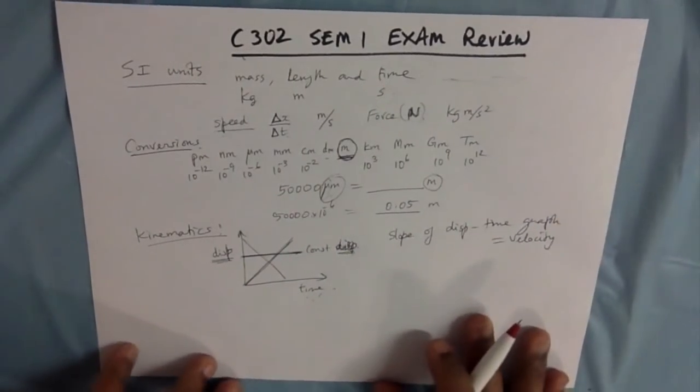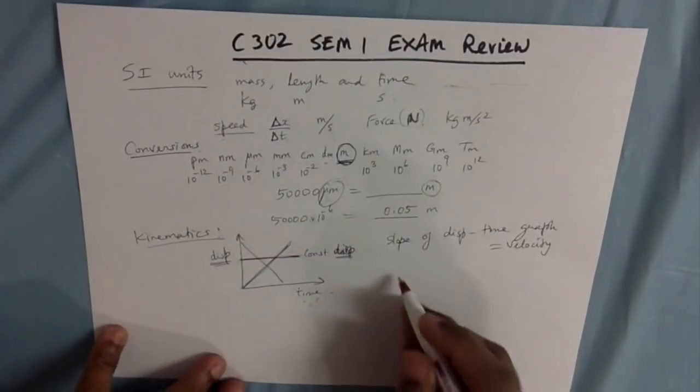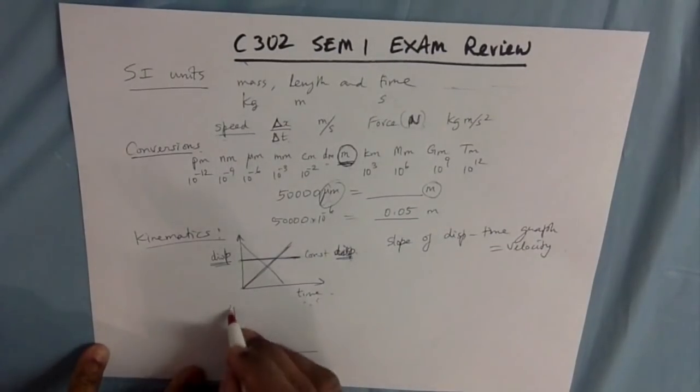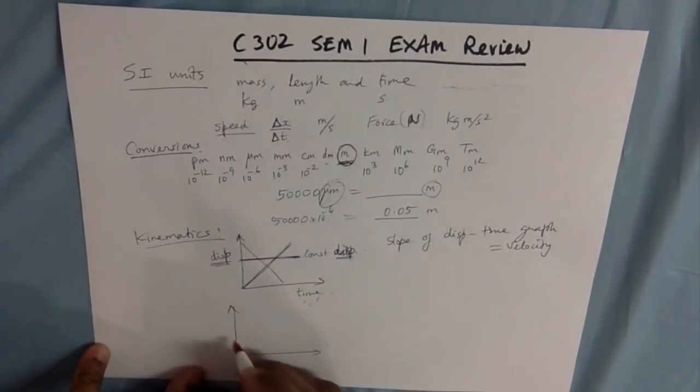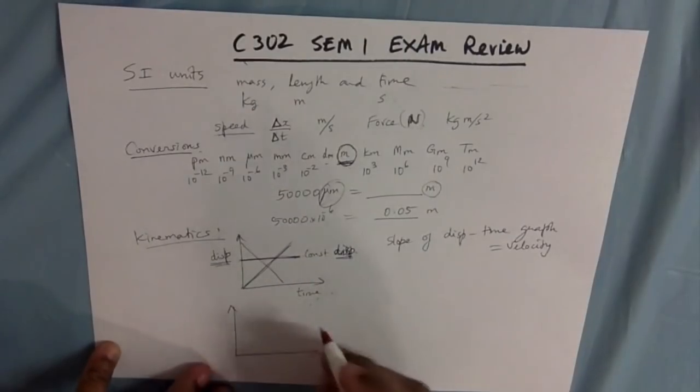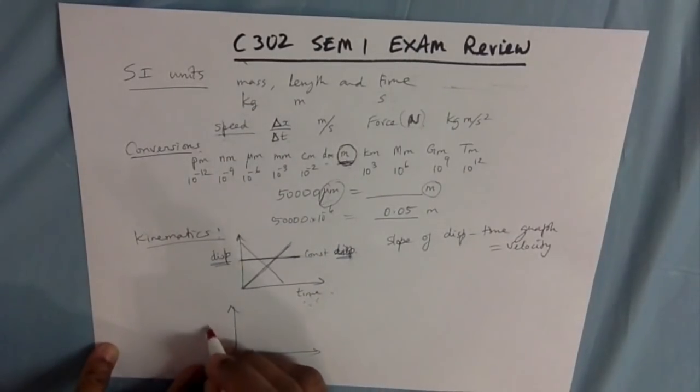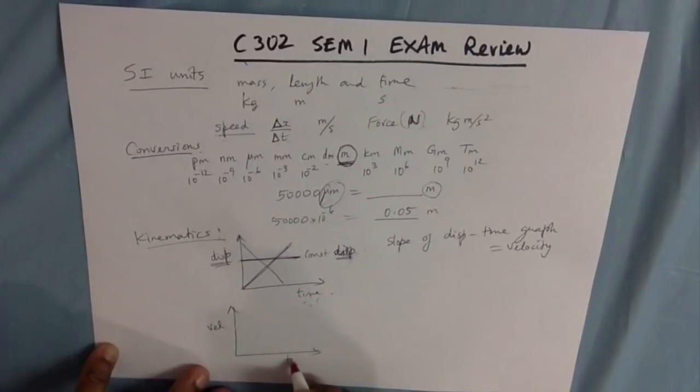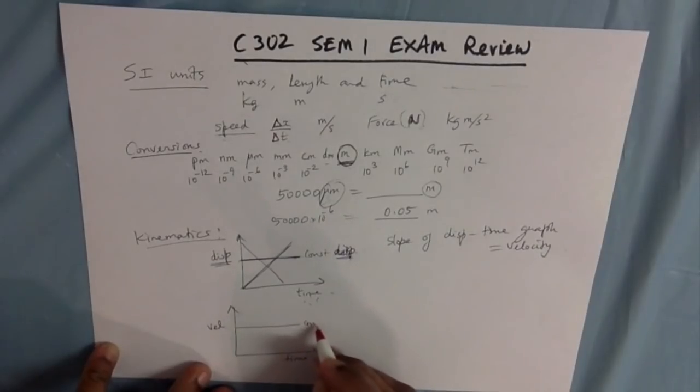Now if you want to talk about a graph that is, instead of displacement and time, if you draw a velocity and a time graph, then this line here will be constant velocity.